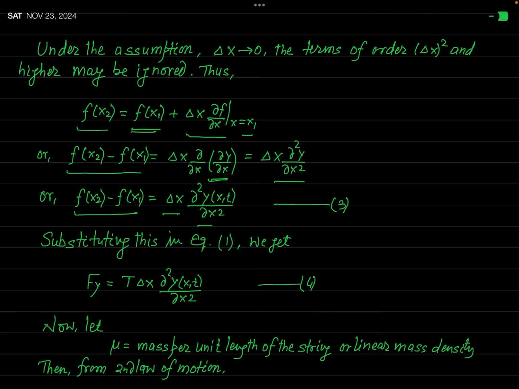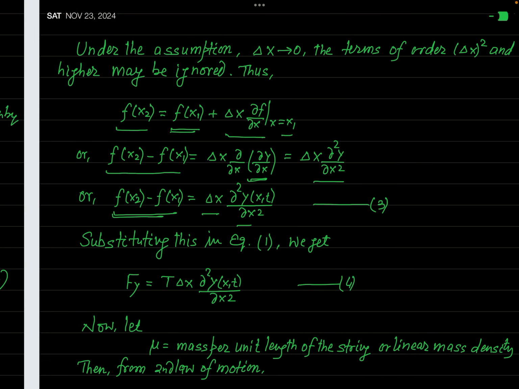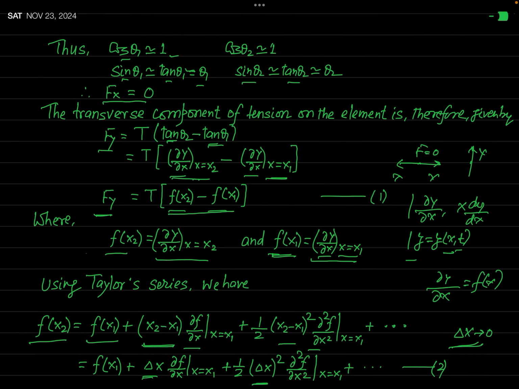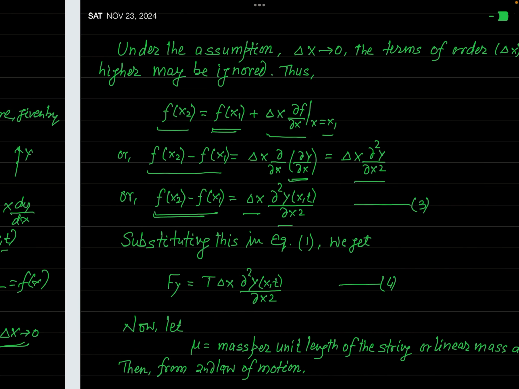So in this way, applying the Taylor series, we have obtained the value of this factor f of x2 minus f of x1. Now after getting its value, let us substitute it in this equation number 1 for getting the value of fy.